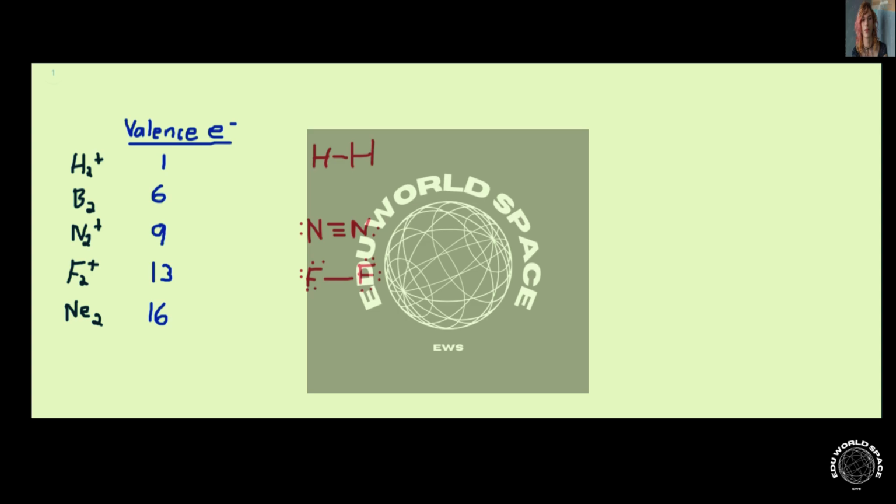Now we're going to take away one electron, which is taken from our bond. So there's only one bond here, composed of 2 electrons. That means these are going to share one electron, so we're going to have a partial bond character.